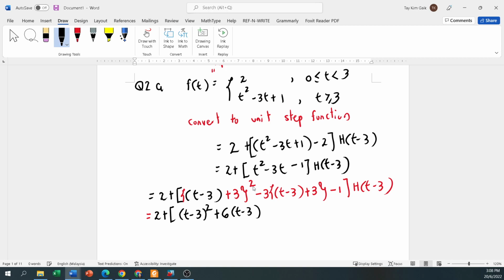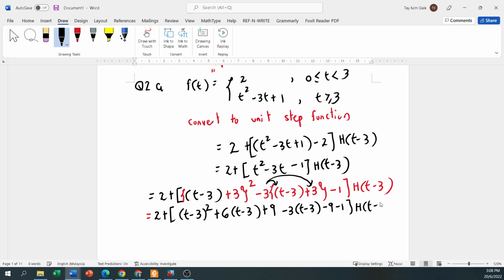So plus 3 squared, which is 9. Okay, and then this thing, you may expand it. So plus 9. So minus 3 times (t minus 3), so minus 9 minus 1.